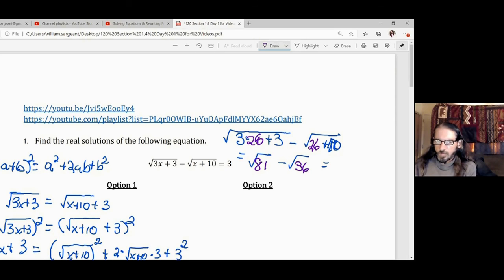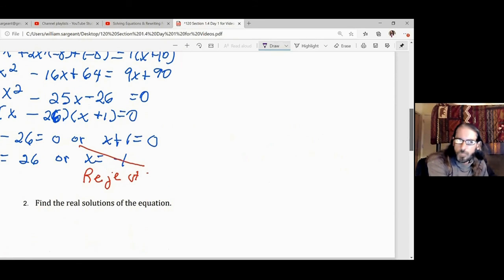So we've got, after taking the square roots first and then subtracting, that does give us 3. So we keep just x equals 26 as a solution.